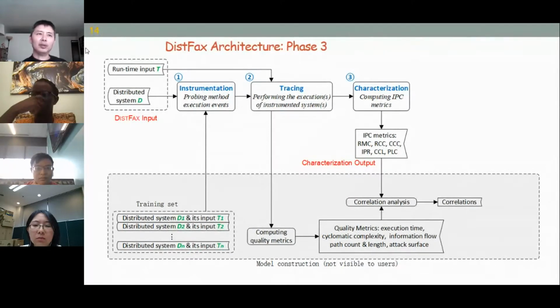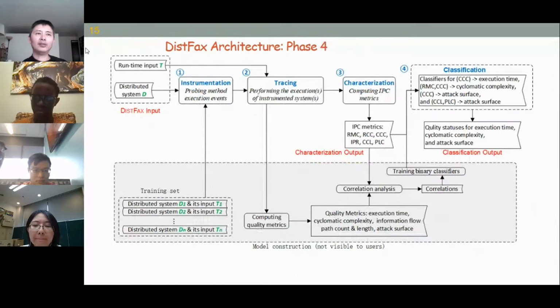Using these IPC metric and quality metric results, this fact computes correlations between them. In the last phase, this fact utilizes learning-based classifiers to predict the high-level status of the quality metrics of the system.